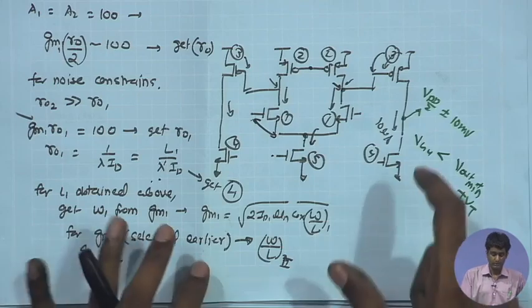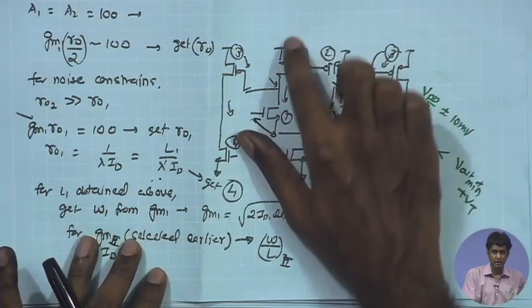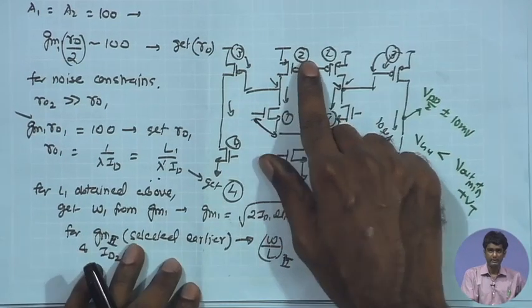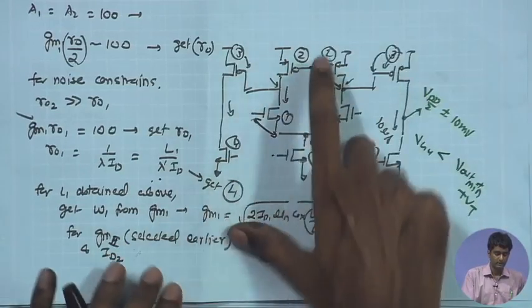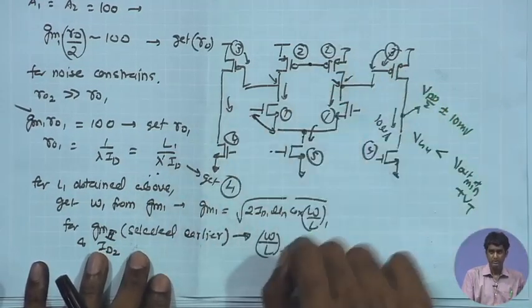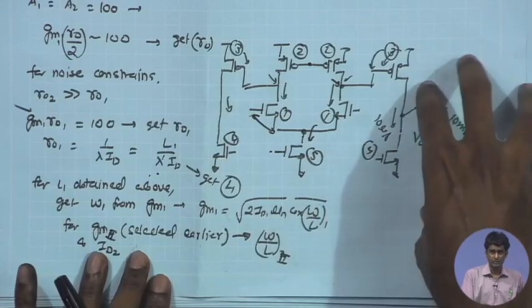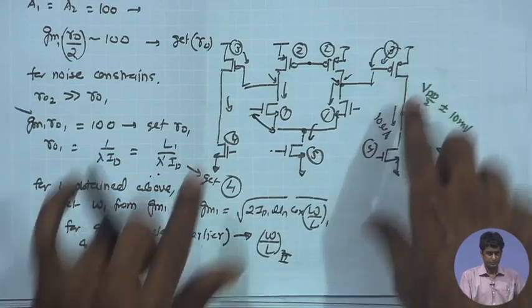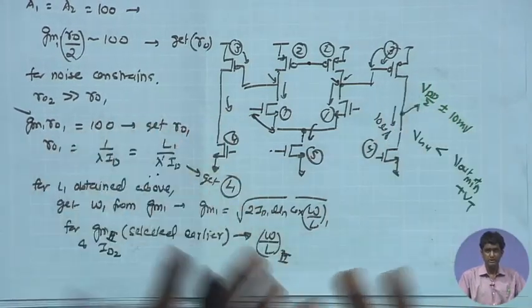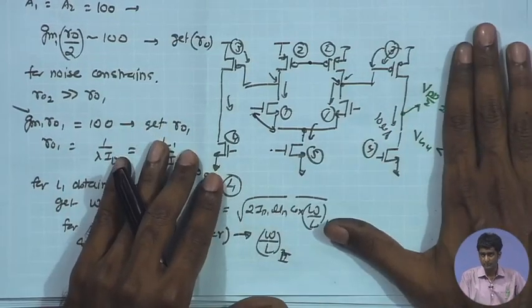Also, the error amplifier output comes over here as a common mode, and whatever noise output is coming from the error amplifier, that is also appearing in common mode.